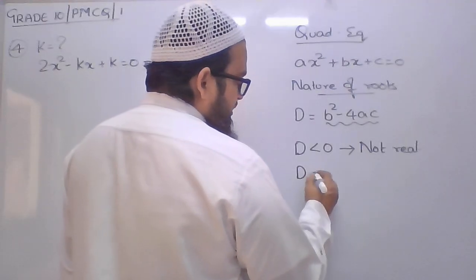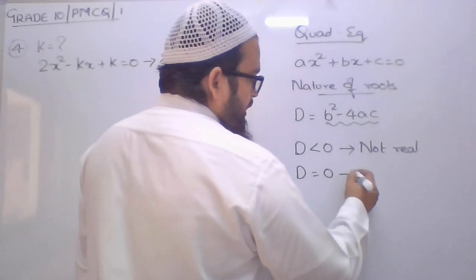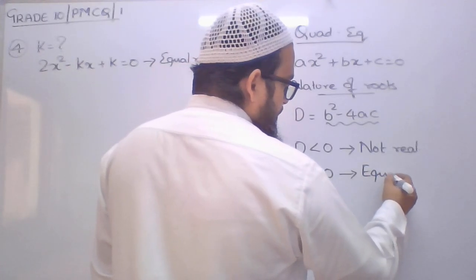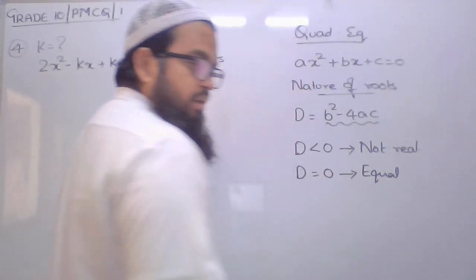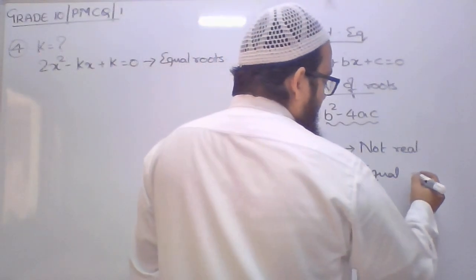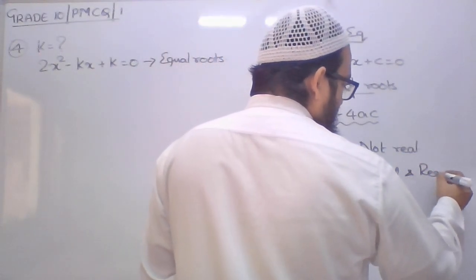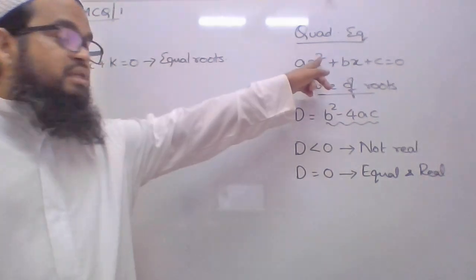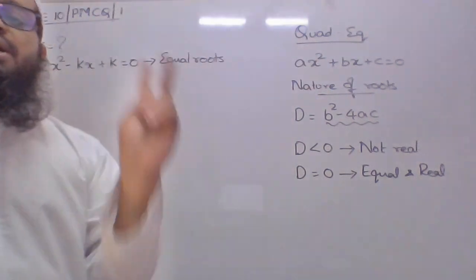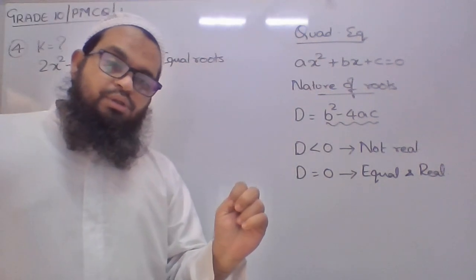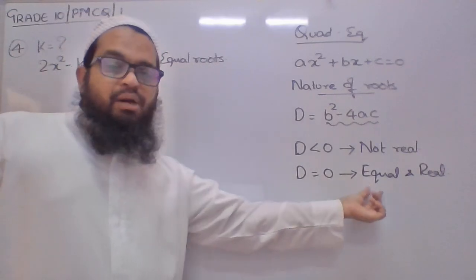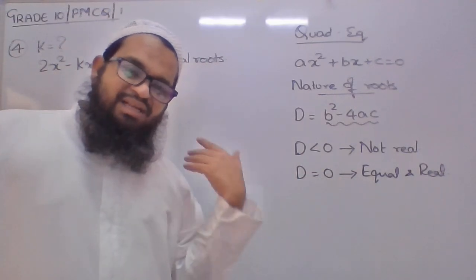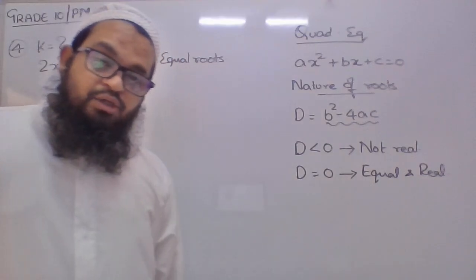So if the value of the discriminant is 0, then the roots are equal and real roots. That means there are two roots for a quadratic equation. Since the power is 2, you will have two roots, and both the roots will be equal. It can be 1, 1, or 2, 2, or minus 3, minus 3, and so on.